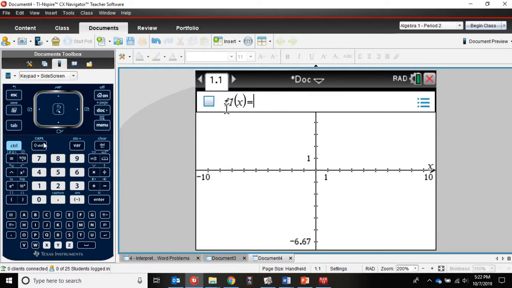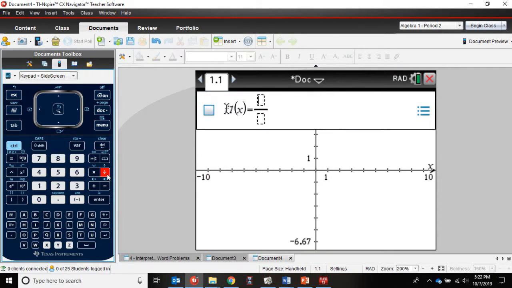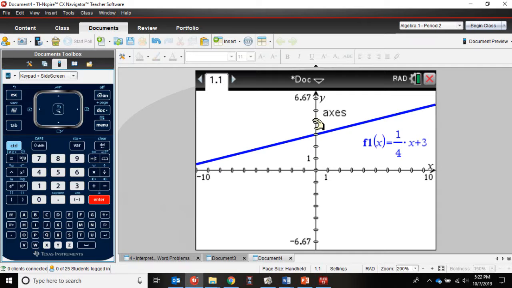And if I just type in my equation, 1/4 x plus 3, a couple things, we can just look and see if it matches. Okay? So that's one way to kind of check your answer on the calculator. And we'll specifically talk about those 0 and undefined ones in a little bit.